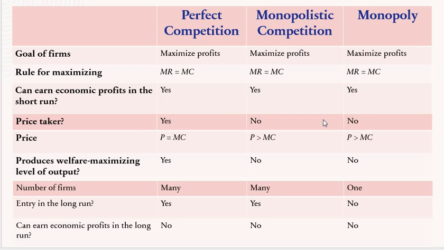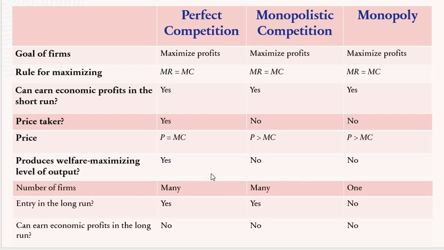They do have enough market power to influence their pricing strategies, which means, for perfect competition, they could only charge a price equal to marginal cost. But for monopolistic competition and the monopoly, they could totally charge a higher price than their marginal cost. So in that sense, the more units they make, they could basically earn more.